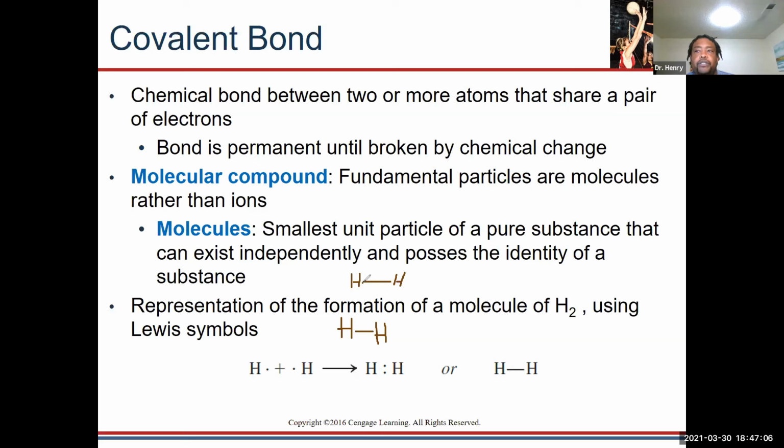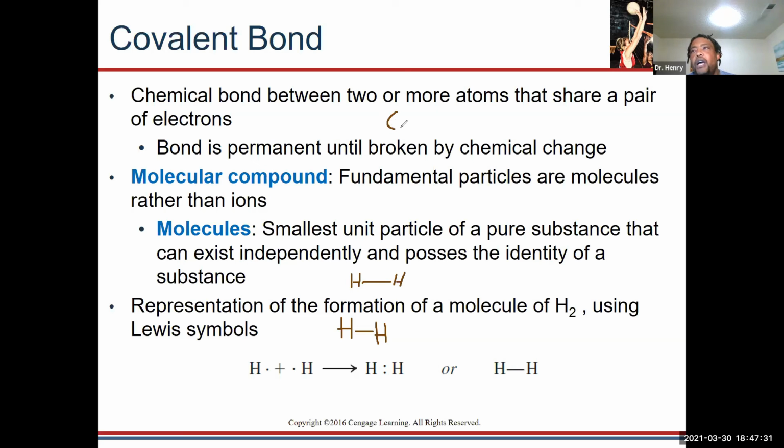A line represents the sharing of 2 electrons. We count the number of electrons around this hydrogen, that's 2, and around this hydrogen, it has 2. So it reaches what we call its octet. Hydrogen only needs 2 around it. Normally octet means 8, so after this, we're going to be talking about reaching that 8.